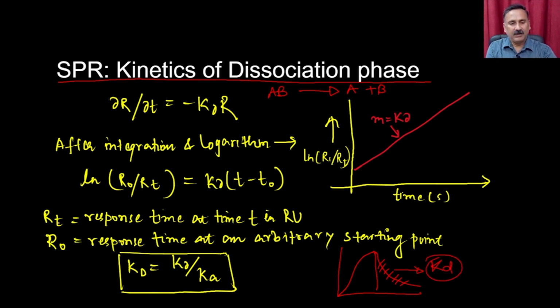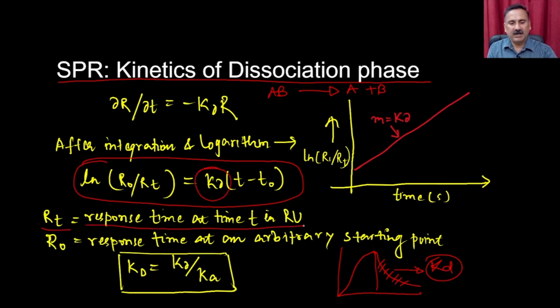So here we can use this particular equation, and you will be able to calculate the KD values, where Rt is the response at time t in resonance units, and R0 is the response at an arbitrary starting point. And the KD, which is the dissociation constant, is Kd by Ka, and that is going to be calculated from the sensogram.